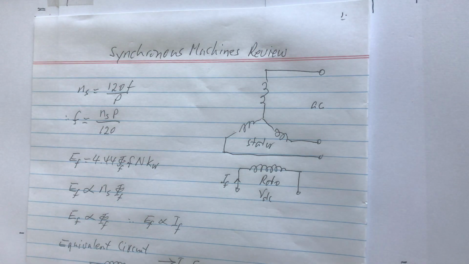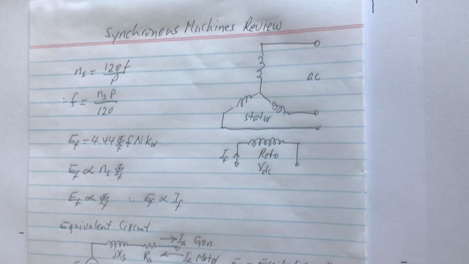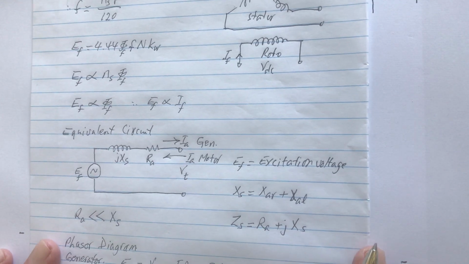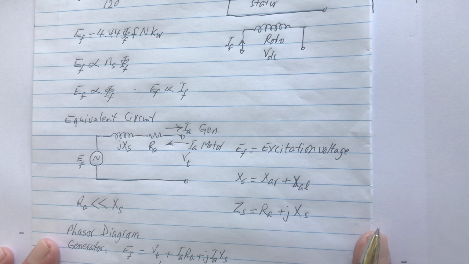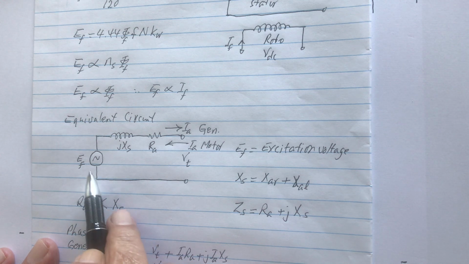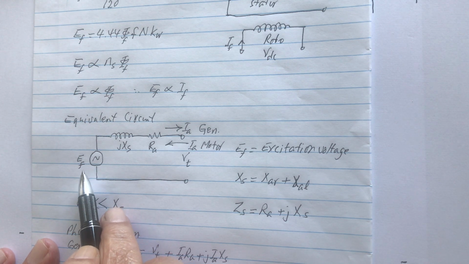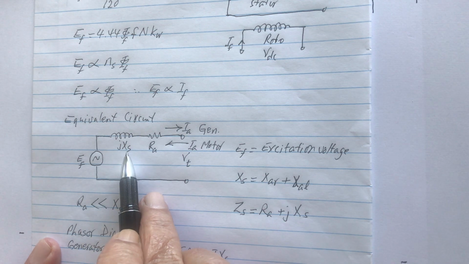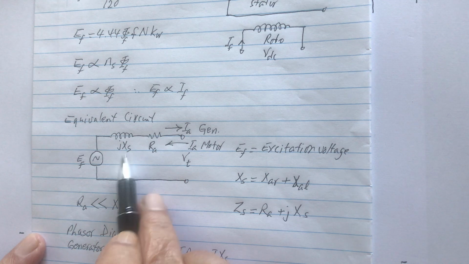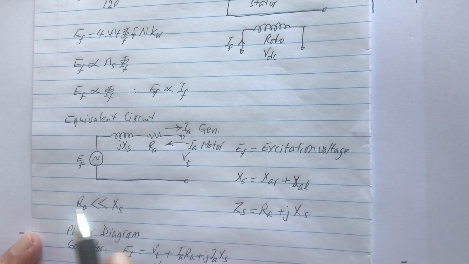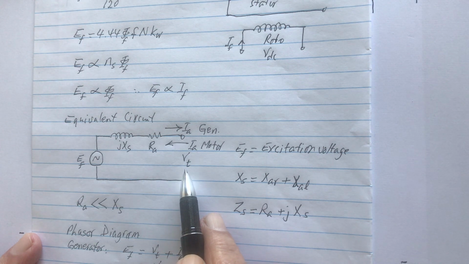The equivalent circuit for the motor or generator, as you can see, consists of EF, the induced or generated EMF. XS is called the synchronous reactance. RA is the resistance per phase of the stator winding, where VT is the terminal voltage.